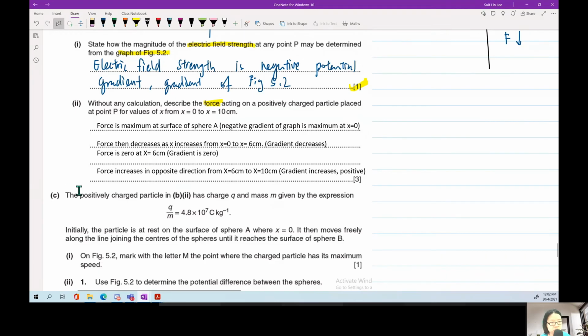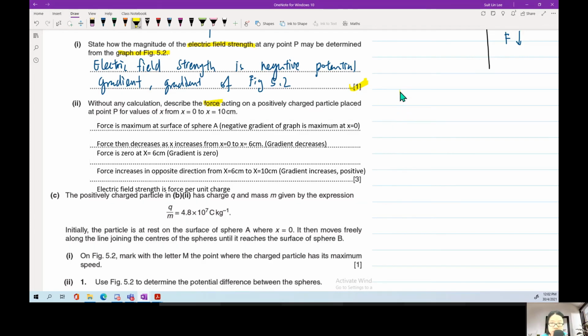Okay, so I will just say either at the top or as an afterthought or as a footnote, that electric field strength is force per unit charge. That's why I can use electric field strength to talk about the force.